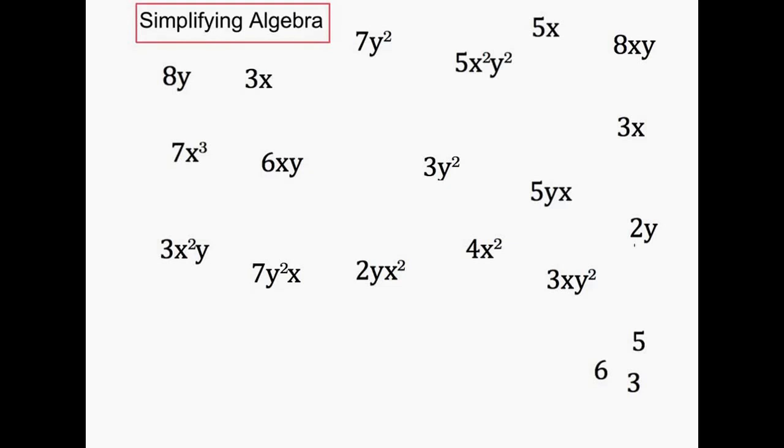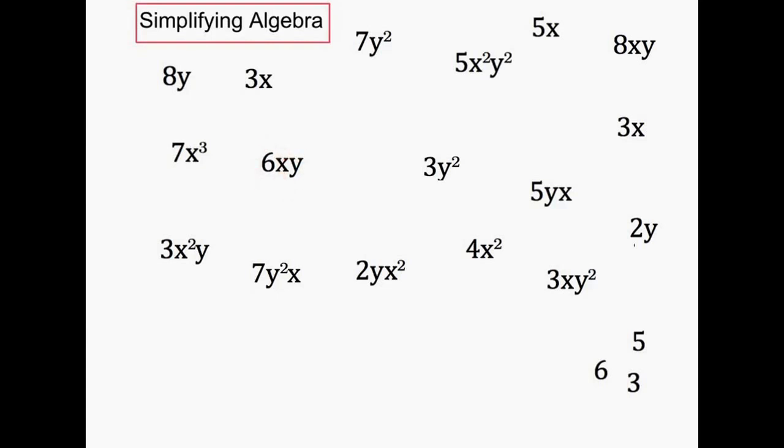Now let's start looking at some of the other terms here. And let's look for x's. Here is 3x. That means 3 times x, 3 lots of x. We have 5 lots of x over here, and we have 3 lots of x here. Now, although some of the other expressions have x in, so for example this here has an x in, it's different. These all are just a number of x's, whereas this is 6 lots of x and then times by y.